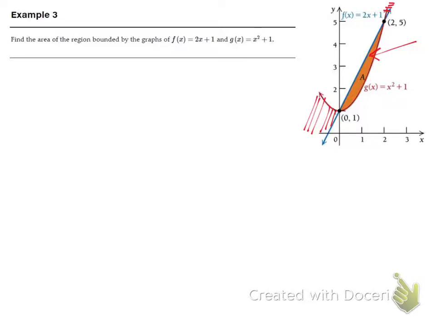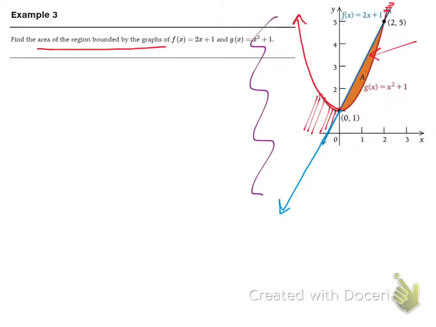Well, it says find the area bounded by the graphs. This area over here isn't bounded because this graph keeps going this way, and this graph keeps going this way. So there's no bound over here, and a similar story from up here. So the only bounded region is this shaded region that I've labeled capital A. That's the region we're trying to find the area of.